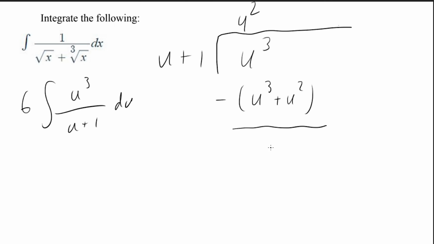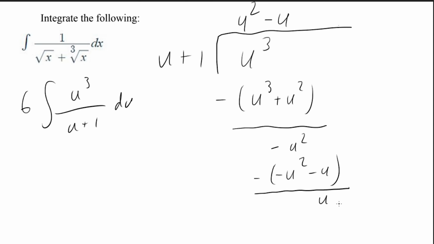Subtracting that, we get negative u squared. And now we'll repeat this process again. You see how many times this goes into here, and we get negative u. We multiply through, and now we will subtract again. So negative u squared minus u. And then we will subtract, and we get just u.